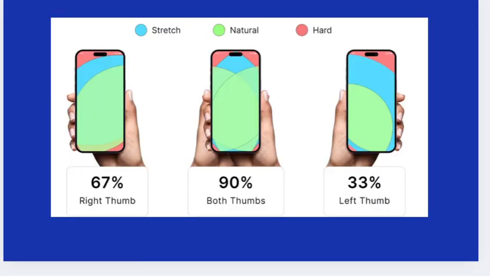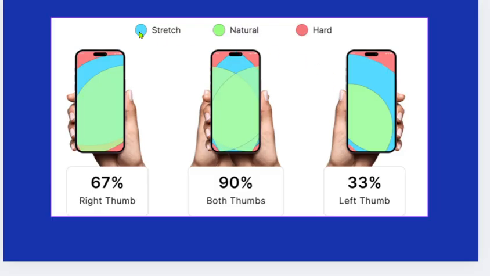For example, this is a study based on those who use their right hand to hold their phone and navigate using their right thumb. Most respondents use both thumbs, sometimes left, sometimes right. Some like to use their left hand, so the navigation is using the left thumb.